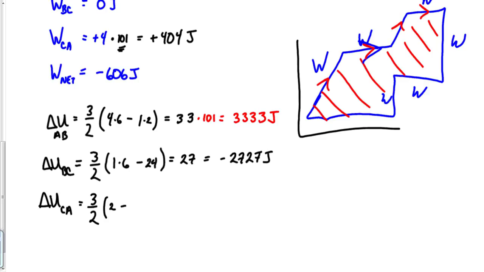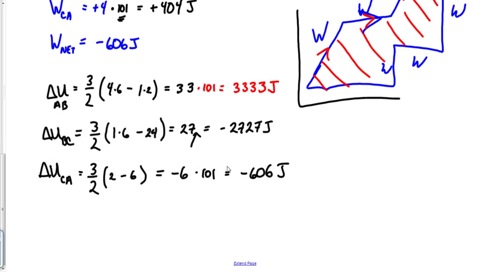So 2 minus 6, and I feel a sneeze coming. Pardon me. So that would be negative 4 divided by 2 is negative 2, so negative 6. And then once again multiplying it by 101, which I also did there and forgot about it. And that is negative 606 joules. And now I have found all my delta U's.